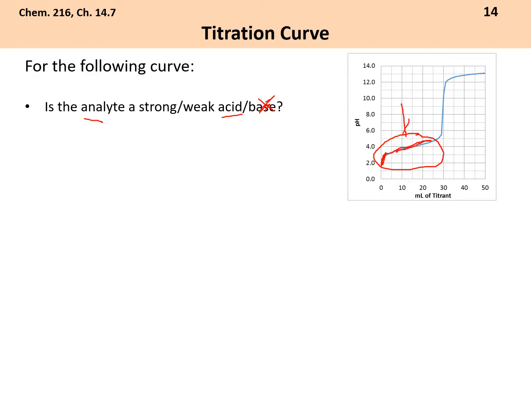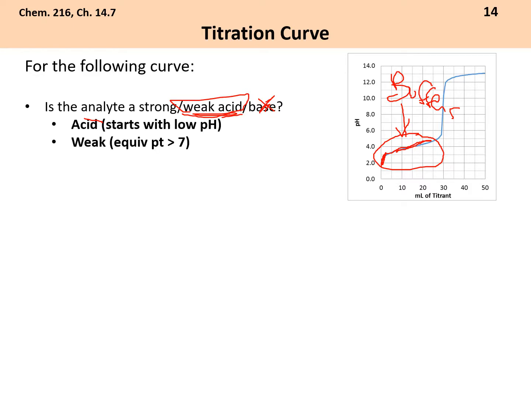This is our buffer region. So that means we're starting off with a weak acid. And notice that our equivalence point is also above 7. Here's 7. Our equivalence point is somewhere up here.